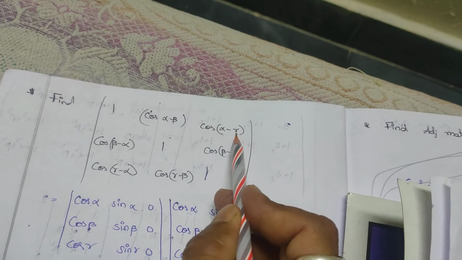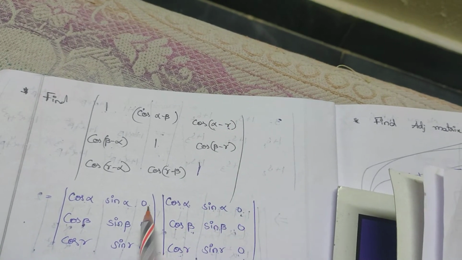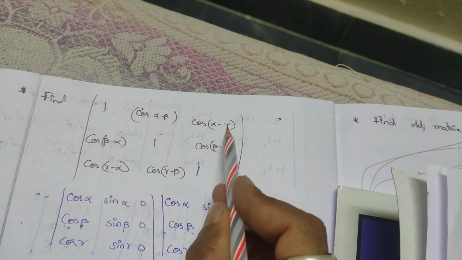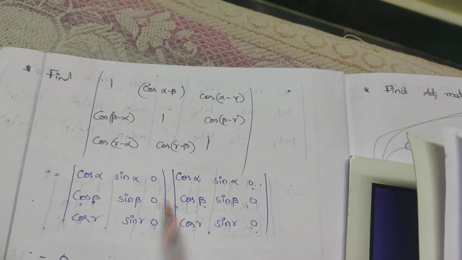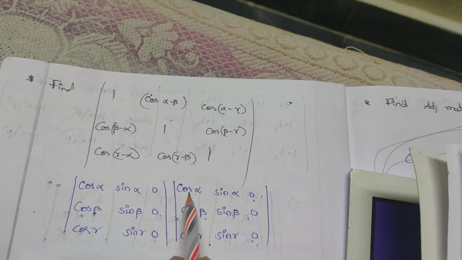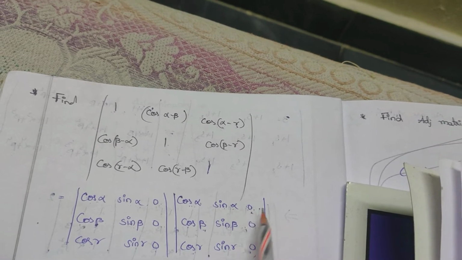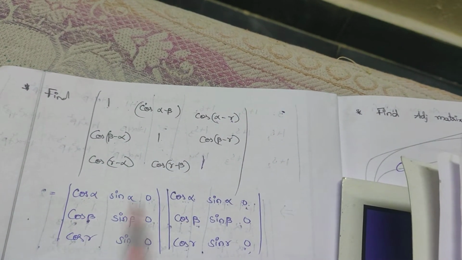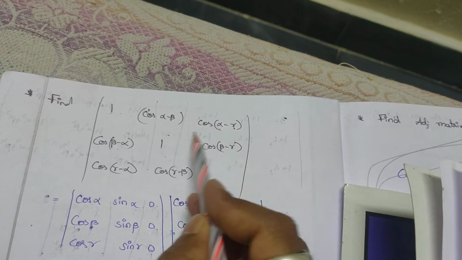Similarly, cos of alpha minus gamma. So the same, cos alpha sin alpha 0 should be written in the first row, and cos gamma sin gamma 0 should be in the third row. So it was fitted. Once you multiply, cos square alpha plus sin square alpha plus 0, that is 1. Cos alpha cos beta plus sin alpha sin beta plus 0, that is cos of alpha minus beta.